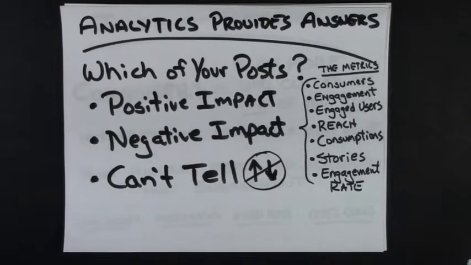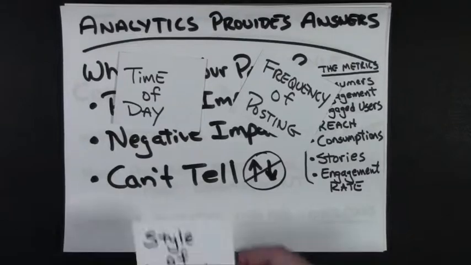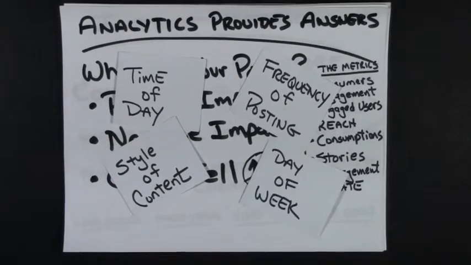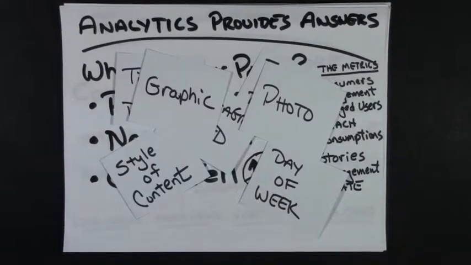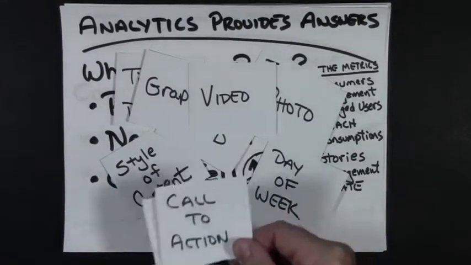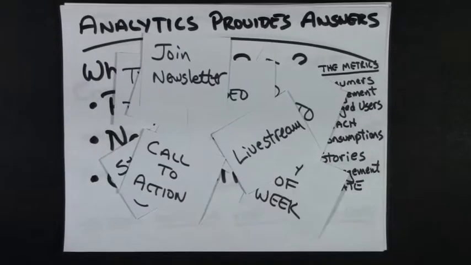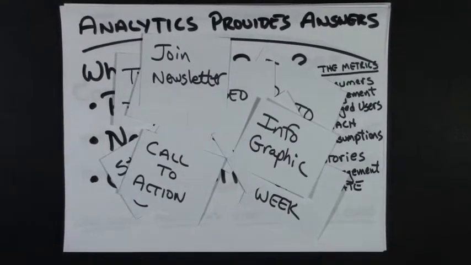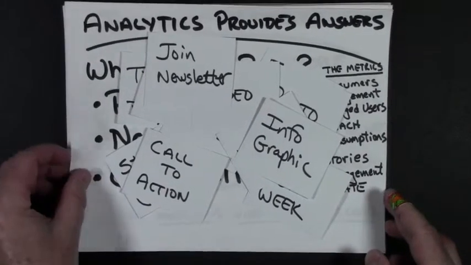So how do you know if some of the things you've been doing make a difference, like the time of day you make a post, the frequency of your posting, the style of your content, the day of the week, Instagram feeds, photos, graphics, a video, a call to action, a live stream, join the newsletter, an infographic? What makes a difference? Well, with the analytics, you're going to be able to figure that out.